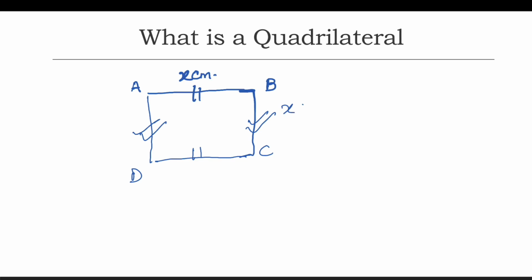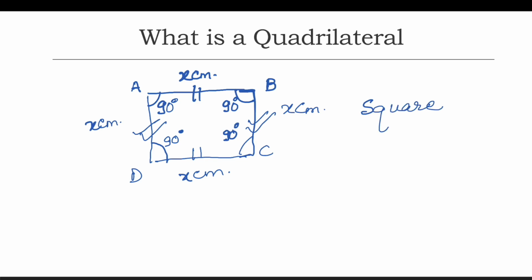This is x centimeter, this is x centimeter, this is x centimeter, and this is x centimeter, right? But along with that, this angle is 90 degrees. So all four angles are also 90 degrees. So a special type of rhombus where all angles are 90 degrees is called square.